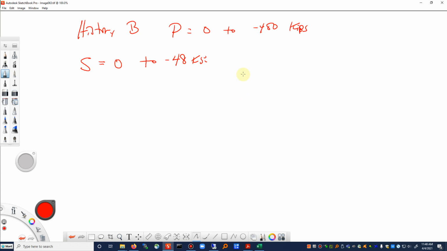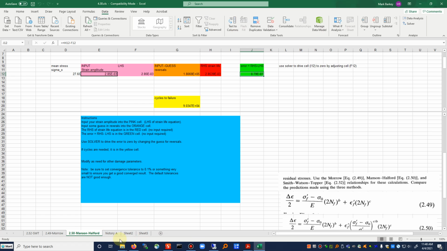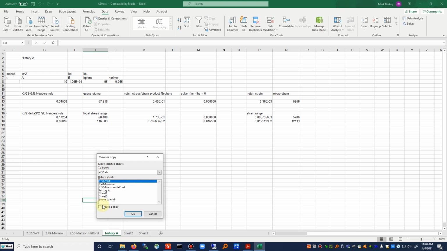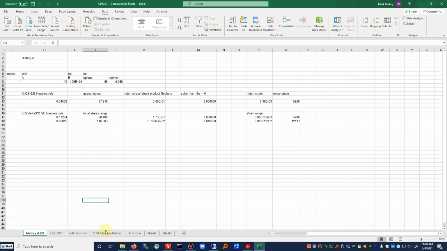All right, so we're going to go and use our Neuber's rule again. Sigma epsilon is equal to KT squared times S squared over E. So for that, I'm going to go back to my spreadsheet. Let me just copy this into here. And I'm going to rename this to history B. And let's see.